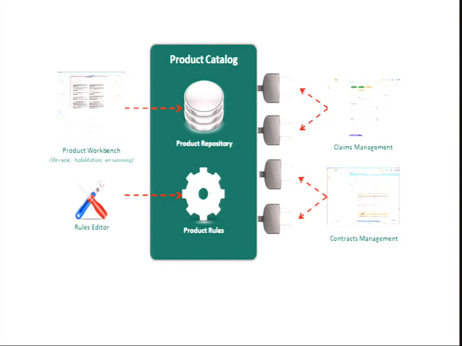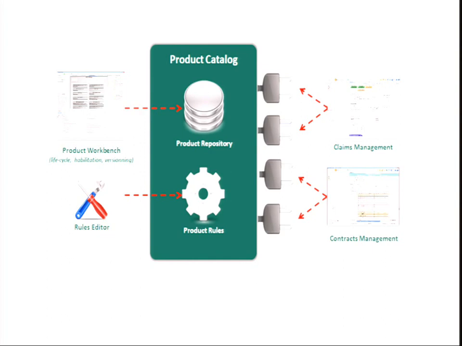Before Sirius, it took them 2 months just to create a new marketing offer, because there are lots of processes, integration stage, pre-production, production, etc. So with this new system, they have developed a product catalog, which is composed of a product repository and product rules with JRules to know how to cost the new product.